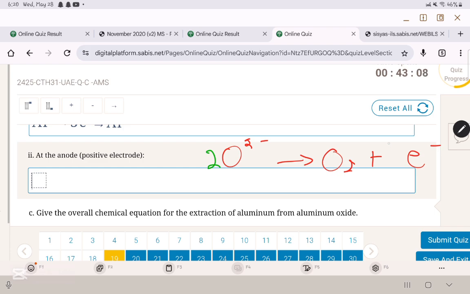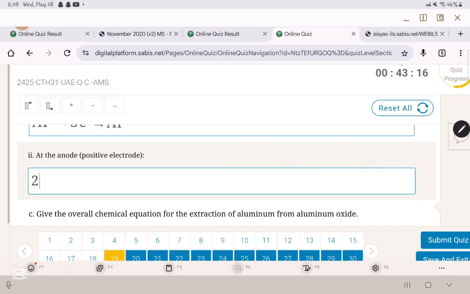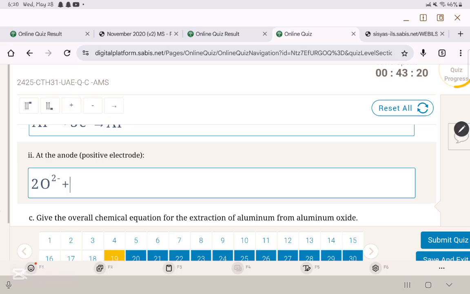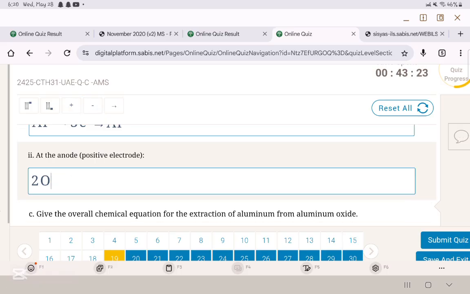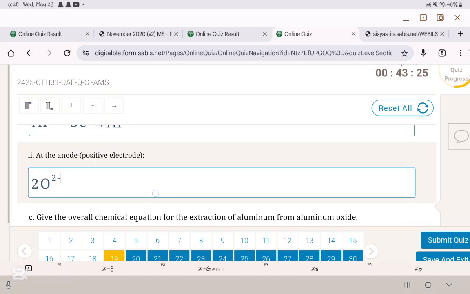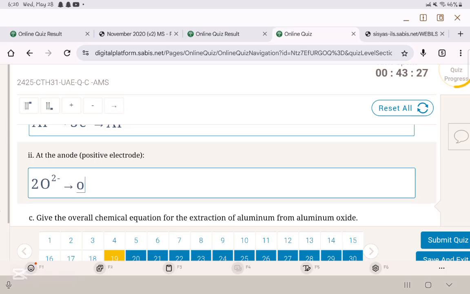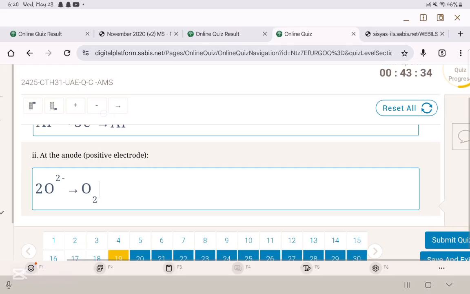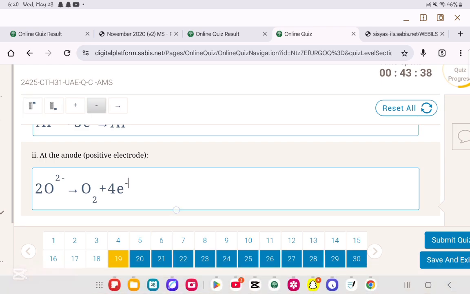You have 4 electrons. So 2 O2- will give us O2 plus 4e-.